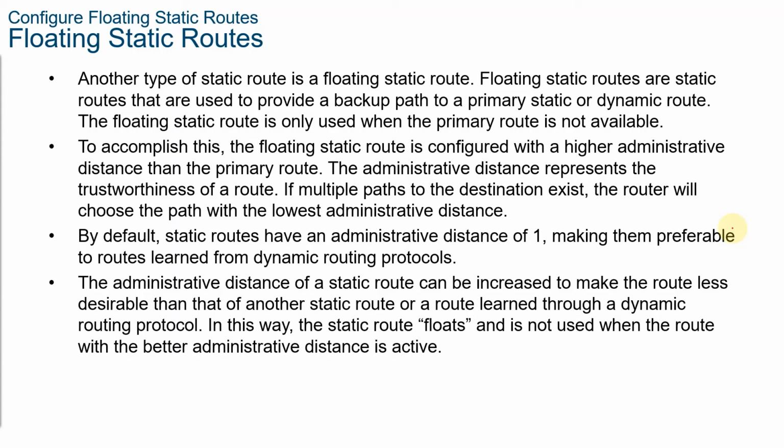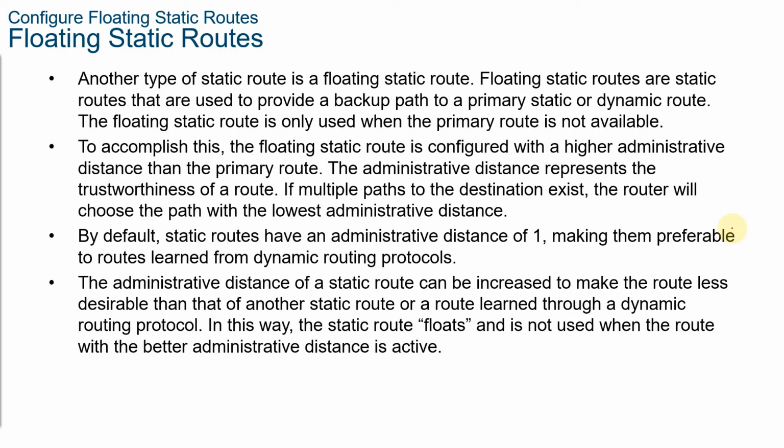Another type of static route is the floating static route. Floating static routes are static routes used to provide a backup path to a primary static or dynamic route in the event of link failure. The floating static route is only used when the primary route is not available.